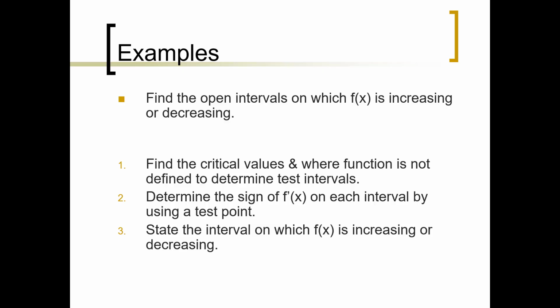That will break the domain up into smaller pieces, over which in every interval the derivative will exist and will not be 0. Therefore, we pick one value in each interval and evaluate the derivative at that value, and that will give us the sign of the derivative for every x value in that subinterval. We then use the result I just gave you to tell where the function is increasing or decreasing.